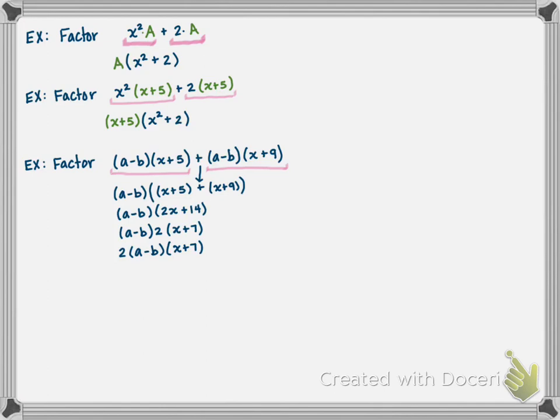We'll see as we start using these in a couple weeks for rational expressions that we really want to get everything separated so that we can cancel things. (a minus b) times 2 times (x plus 7) is the endpoint. Yes, so this is a full factorization right here.